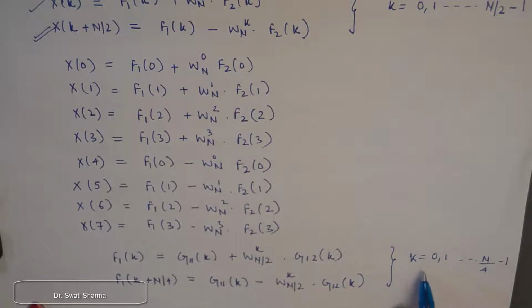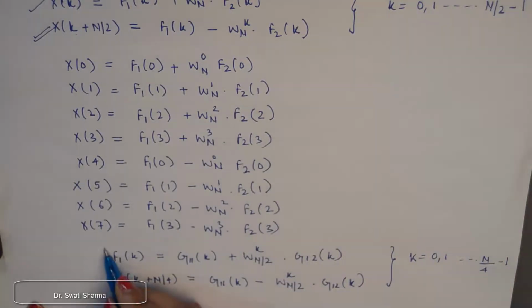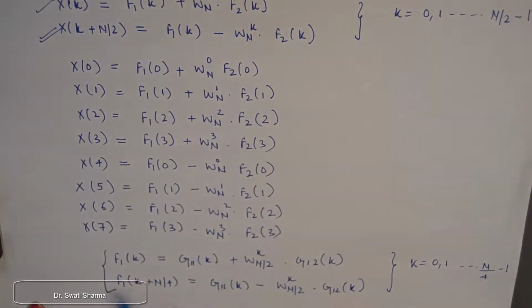But before I substitute the values for k, I'll write the similar equations for our other sequence, which is f2. I'll not derive the whole thing again, but it will be similar to the sequence f1 of k.